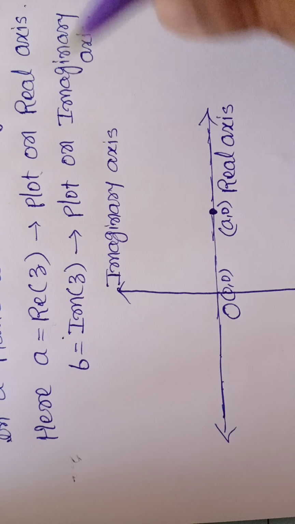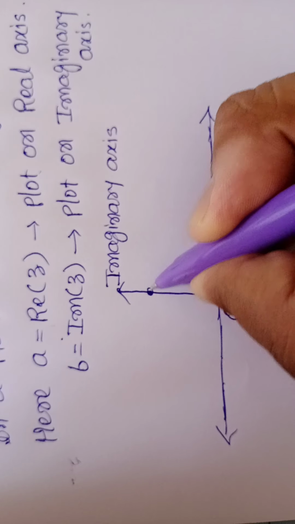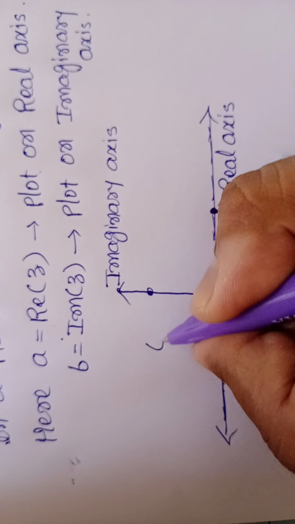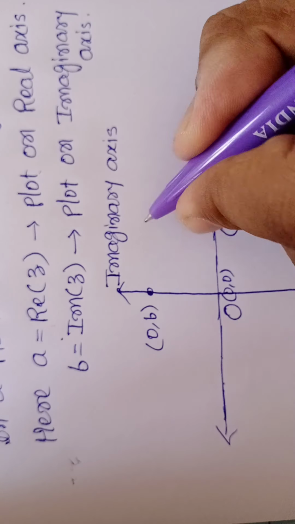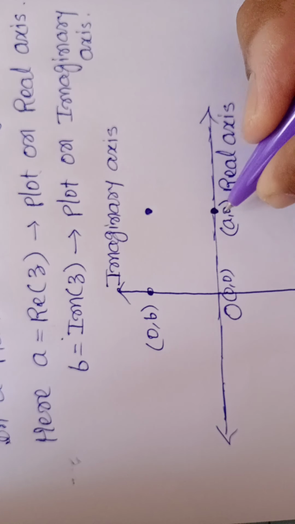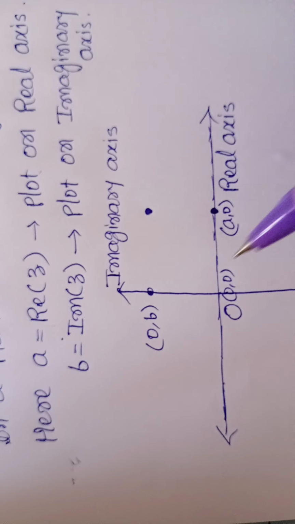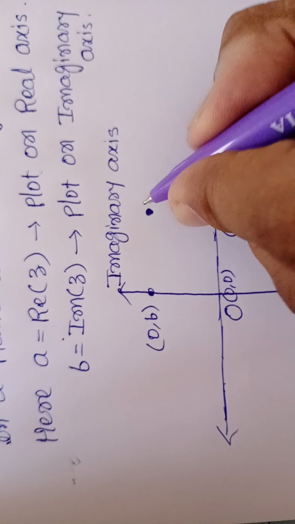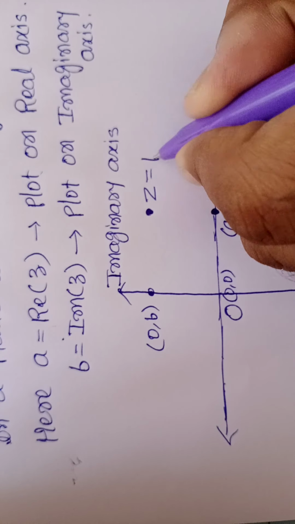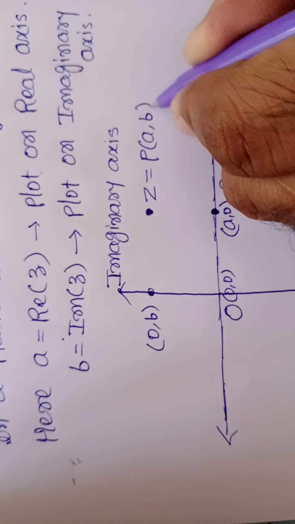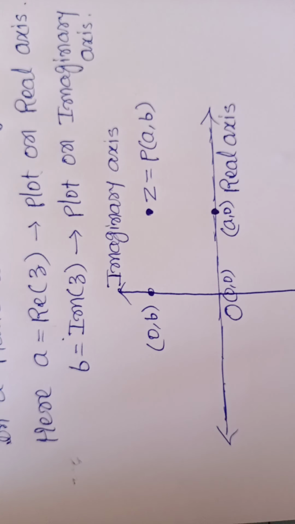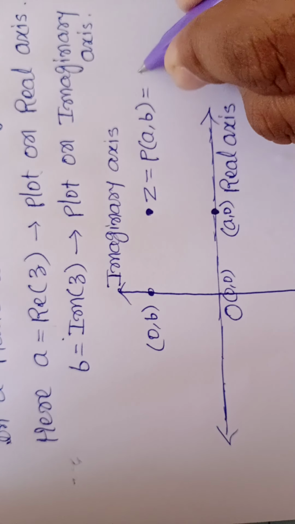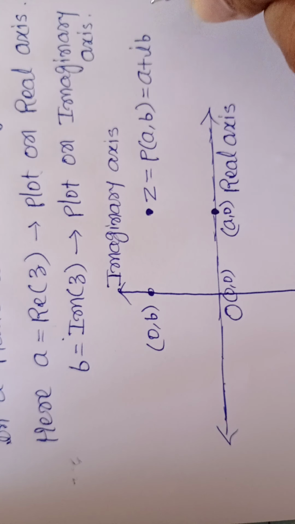Similarly, let us take here any point, then this point is (0, b), where a is the x coordinate and b is the y coordinate. So this point P (a, b) is actually our complex number z, representing a plus ib, my friend.